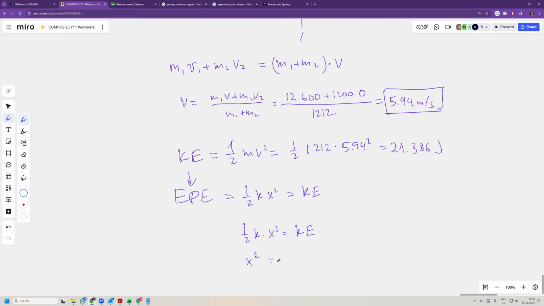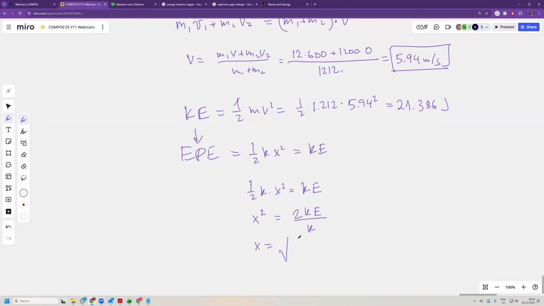So x squared is 2 times kinetic energy divided by k. So x, the maximum displacement, is the square root of 2 times kinetic energy divided by the spring constant.